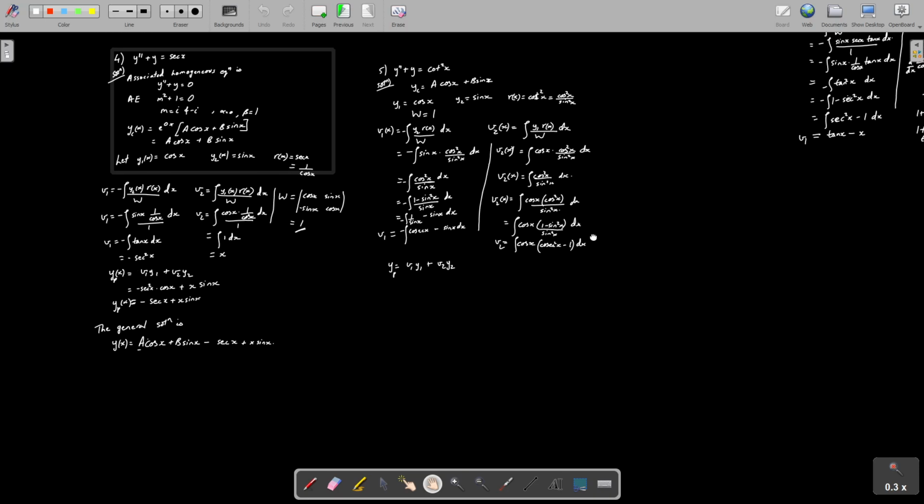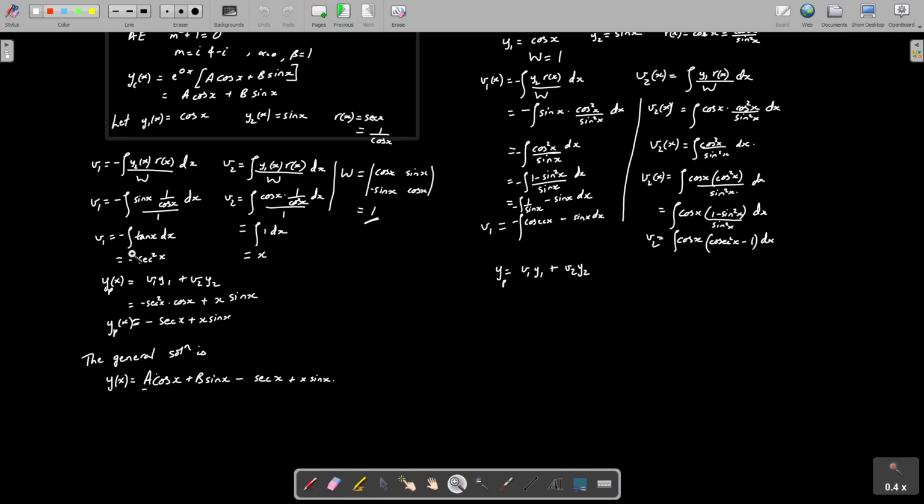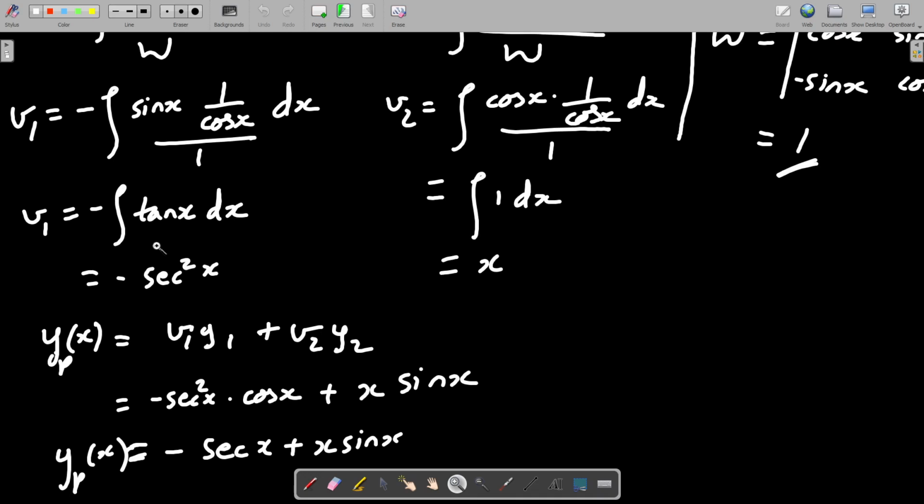Where is it? Yes, see. Oh, so this is wrong. Then what should be this integral?